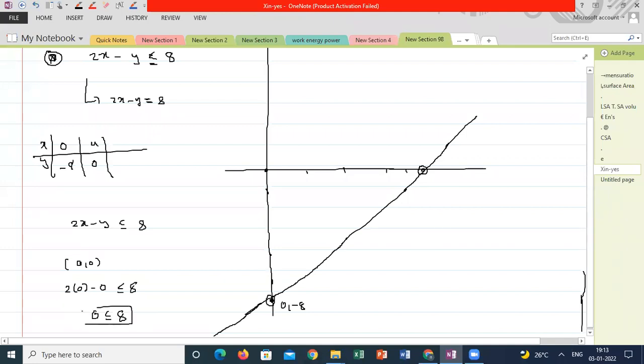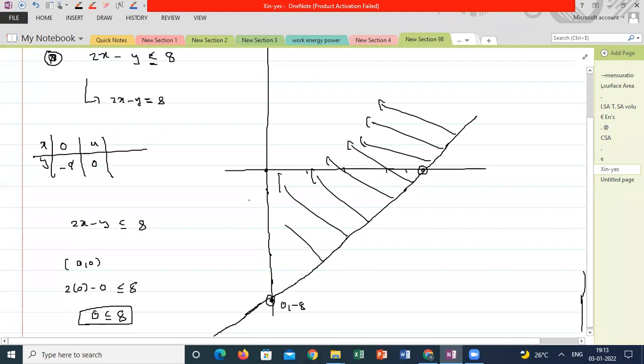It's a true statement. So because of the equality, including the points on the line, you have to hatch the graph towards the origin. All the points towards the origin side are the solution set of this expression.